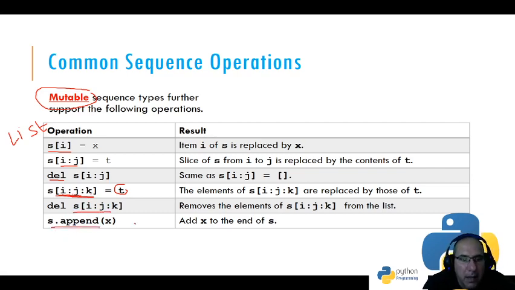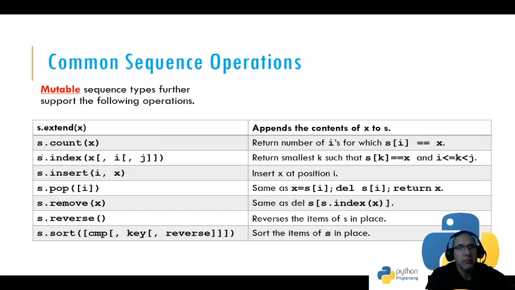You can append and add x to the end of S, as in this case it's a list. You can also extend. Extend means adding the contents of one object into another object. You can also count the number of occurrences of x, use index, or insert at a specific position, and pop to remove the last item.